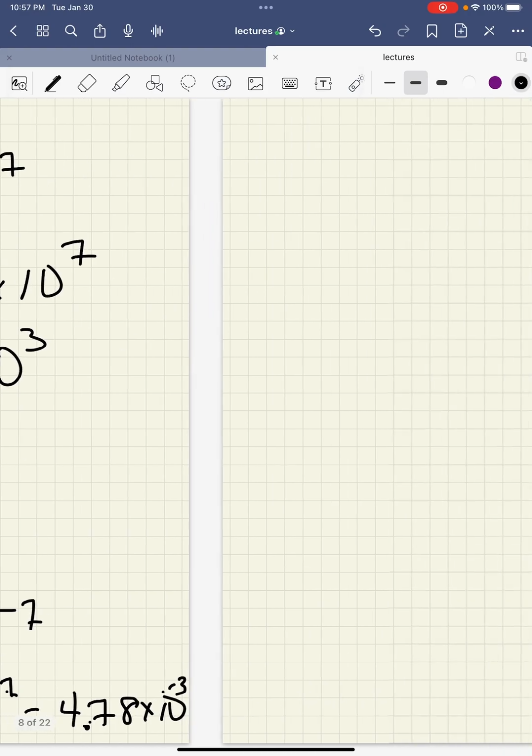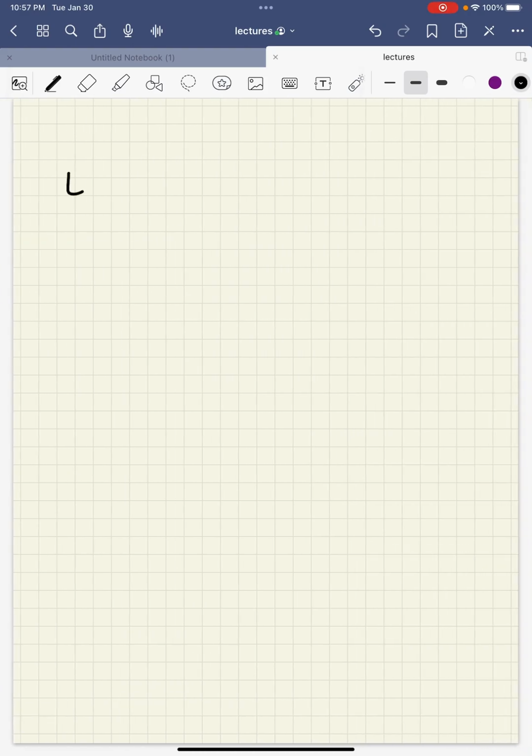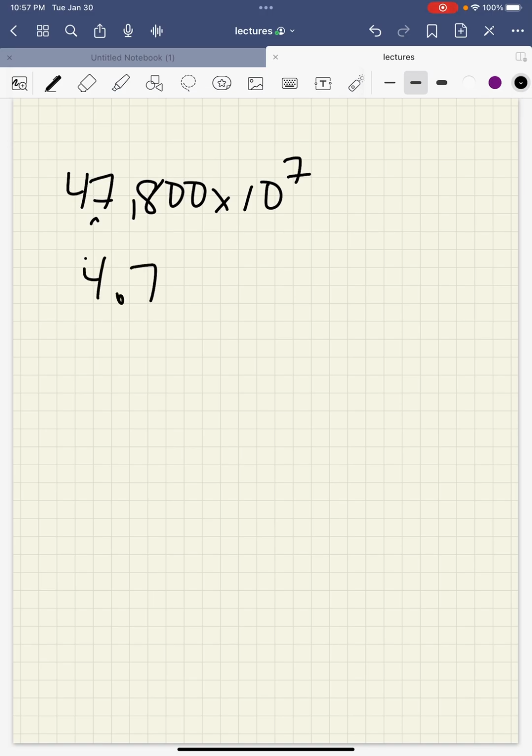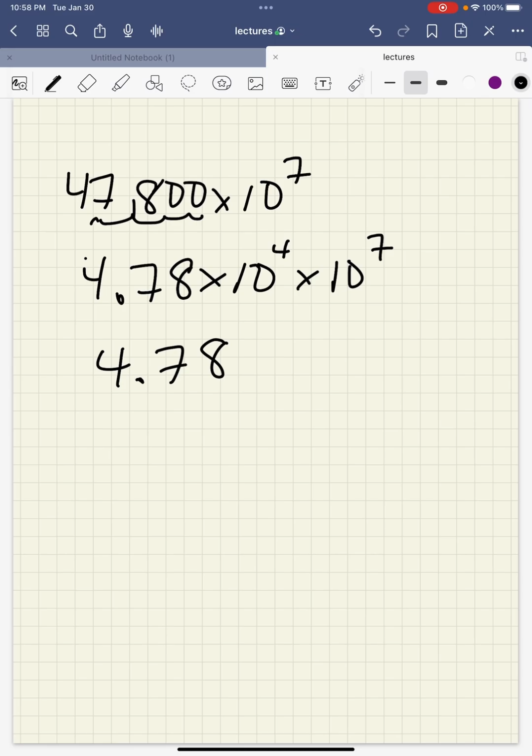Okay, and then the last one is that same number, 47,800 times 10 to the 7th. So we'll begin by writing this as 4.78 times 10 to the 1, 2, 3, 4, and then times the 10 to the 7th that's also there. They're both positive exponents. We add them. 4 plus 7 is 11. So we get 4.78 times 10 to the 11th.